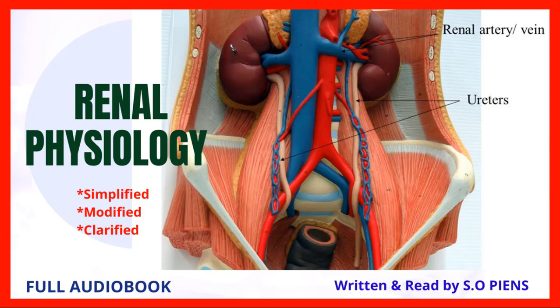But we have other body fluids such as the cerebrospinal fluid, intraocular fluid, the glandular secretions and fluid in the GIT, the synovial fluid, the peritoneal fluid, pericardial, and the pleural fluids.